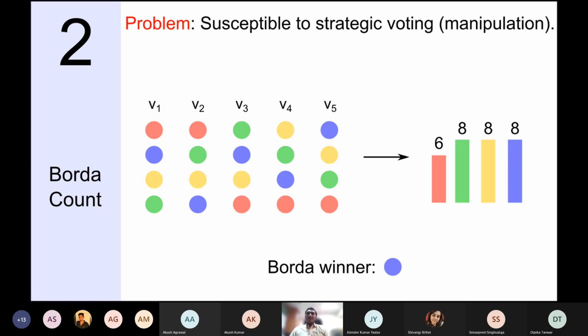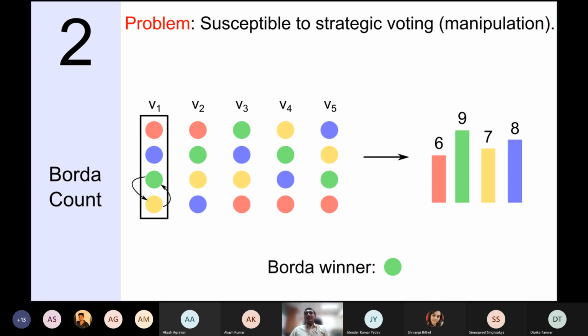So why is this a problem? If I go back, note that this was this voter's original preference. The original outcome was green, but by lying about its preference, the voter was able to get a better candidate elected according to its own preference. Instead of its third favorite, it was now able to get its second favorite candidate elected, which is a better deal for voter V1.